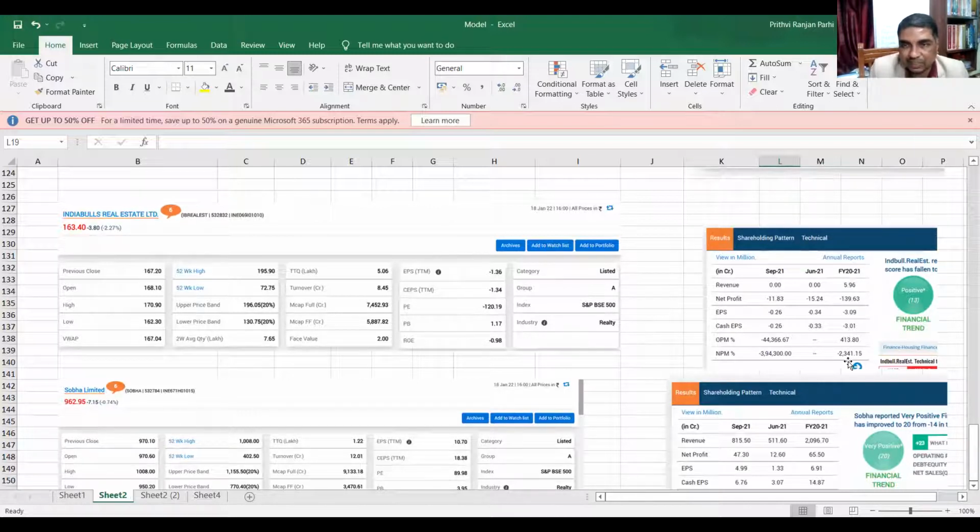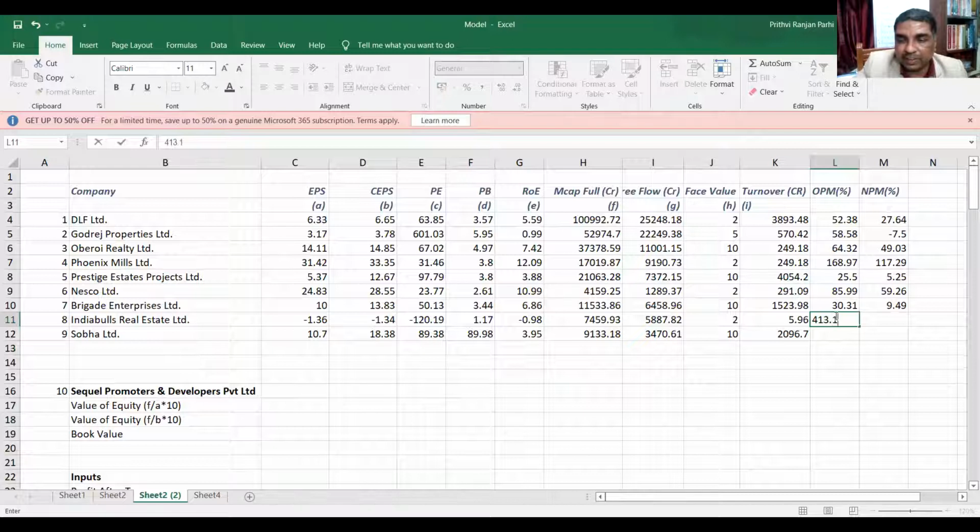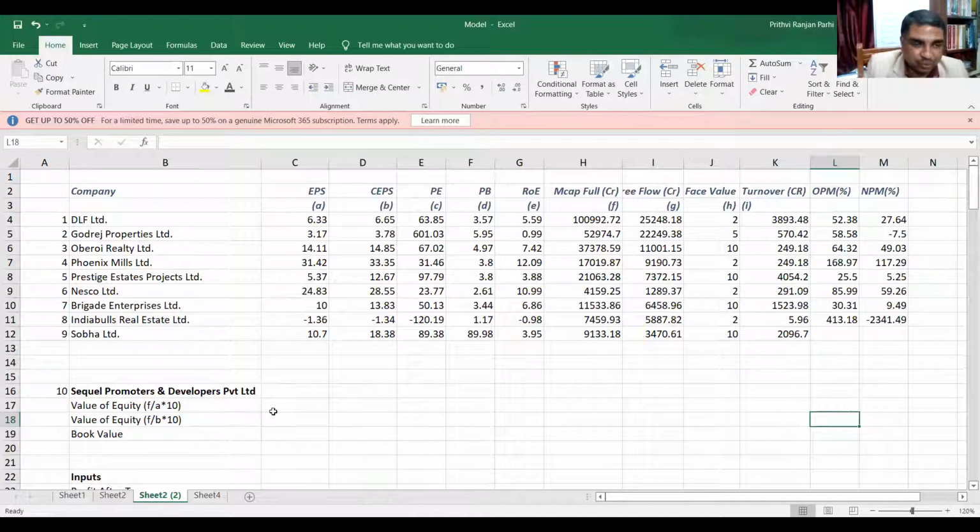Just remember this. 413.18, I think. Then what is the other point? Minus 2341.49.